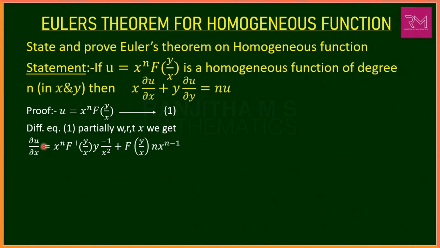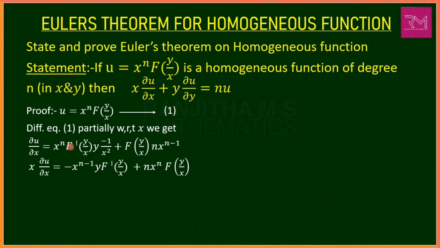Next you have to multiply del u by del x by x. We get as x into del u by del x which is equal to, here if we multiply x for this and here also for the x, we get as x power n into x is x power n plus 1. Here also x square term, so if we take x square to the numerator, that becomes x power minus 2. Here we have x power n plus 1, here x power minus 2. So bases are same.